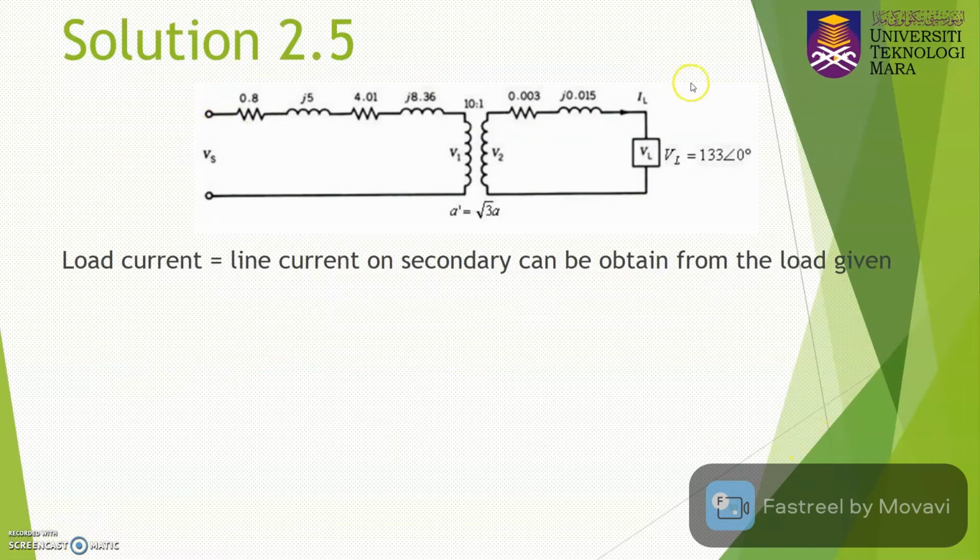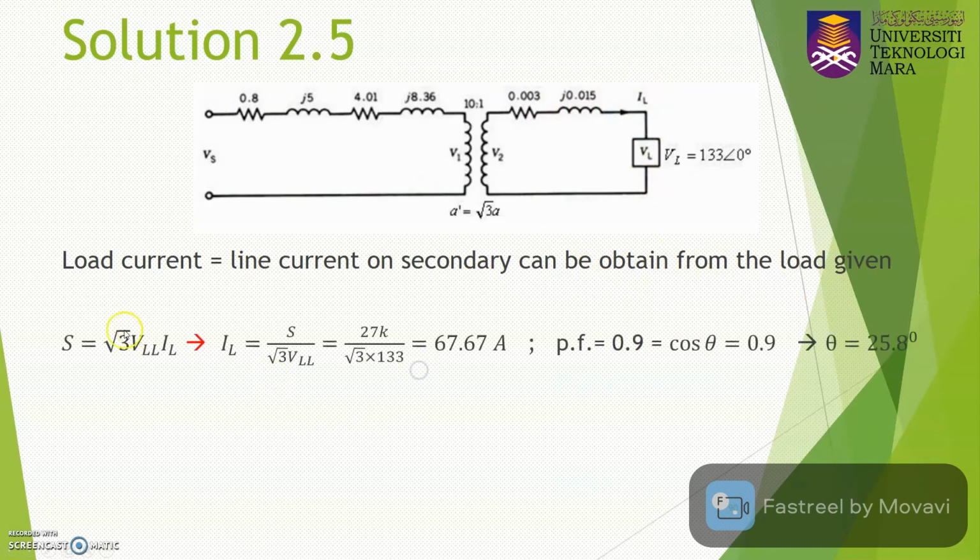Based on your single phase equivalent circuit, you know that the load current, IL, is equal to the line current on the secondary winding. IL can be obtained from the load data given. Based on the power equation, the power is equal to square root 3 multiplied with V line to line multiplied with I line. So your I line, which is your load current, is equal to 27K divided by square root 3 multiplied with V line to line, which is 133.